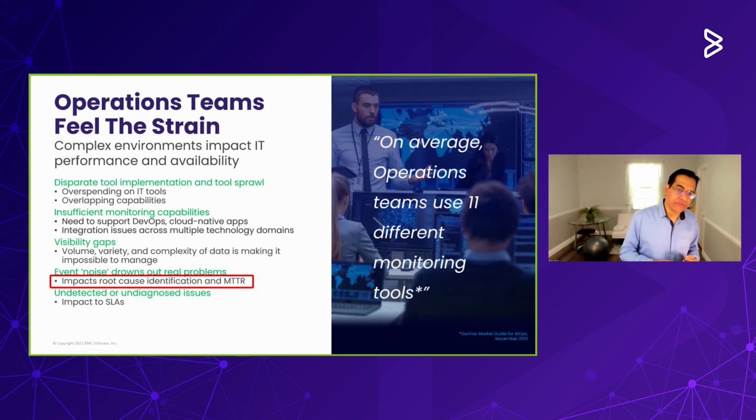It's getting very difficult to identify what is noise and what is a real event that has potential to impact the business. And then you have issues that go undetected. This increase in complexity and data volume means that existing IT ops tools and processes cannot scale. Machine learning and analytics are needed to avoid this business risk.